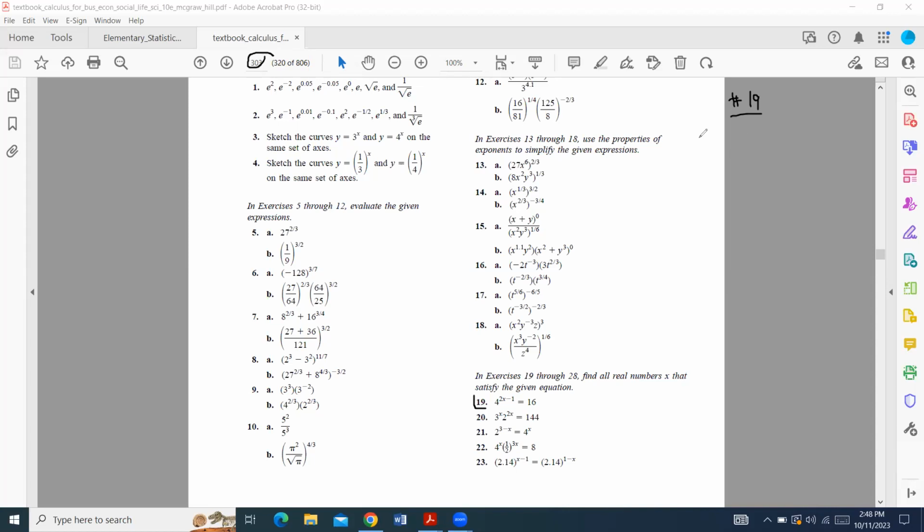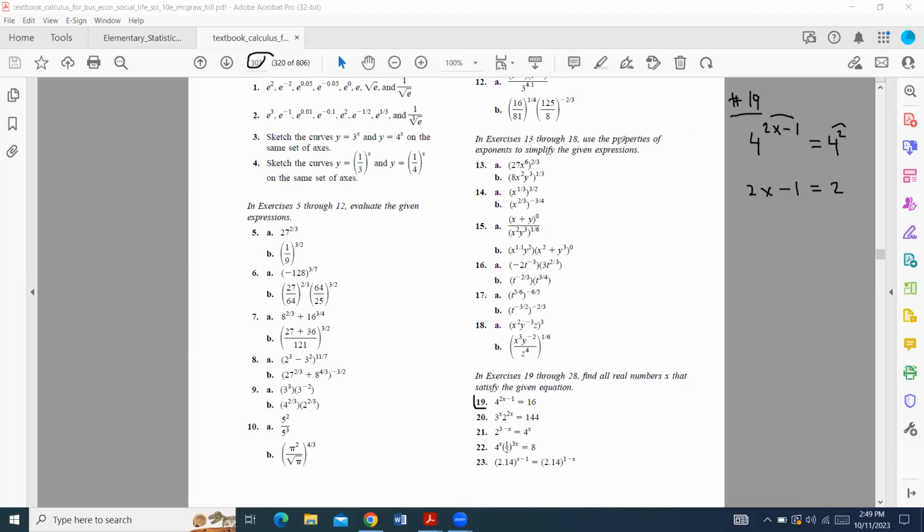So when I have an equation with powers, and the power 2x minus 1 is what I need to find, and on the other side it's 16, which is the same as 4 to the power of 2, then I can disregard the bases of these so-called exponents and just make those powers equal to one another.